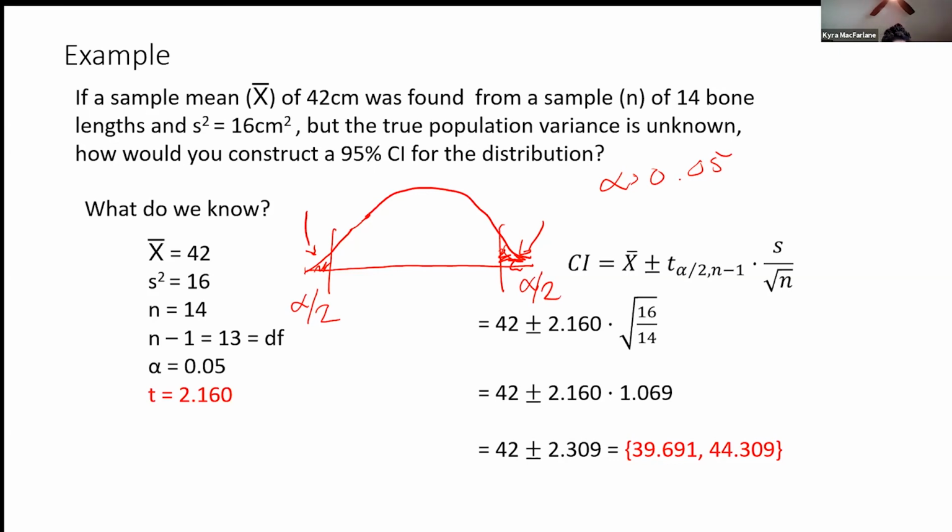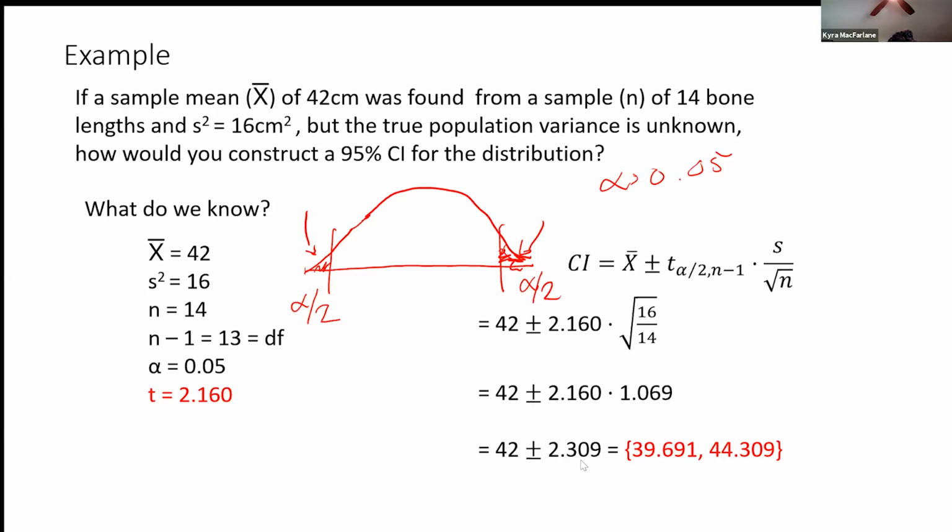Okay, so we have our t-crit, we have our mean, and we can calculate our standard error. So 42 plus or minus this 2.160, our t-crit, times our standard error, which is our standard deviation divided by the square root of our sample size, or it's just the square root of our variance divided by our sample size.